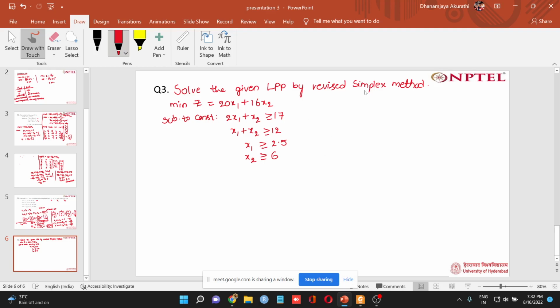So the revised simplex method was developed because of computer programming. That means the computer has to store less memory and gives efficient results in a faster mode, right? So to make the calculations fewer, the revised simplex method was developed.